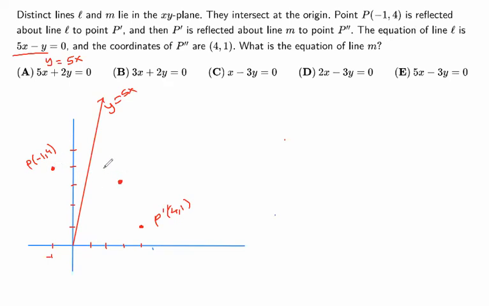When you reflect this about this line, you will get somewhere right here. I'm going to call this P prime. And this point will reflect over another line to get this P prime prime. So this is P prime prime, meaning that our second line should be something like this.